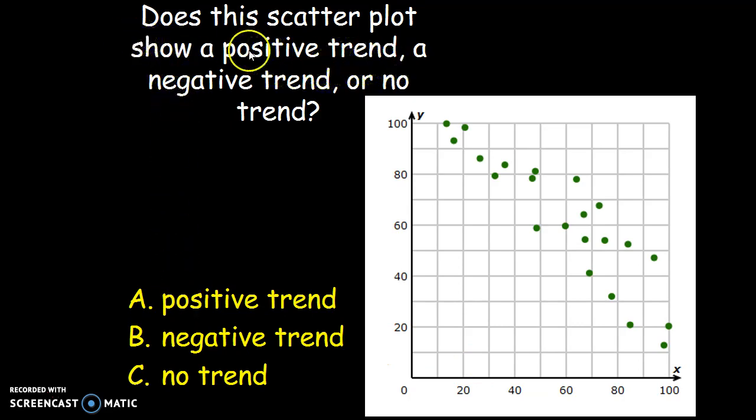These ones aren't really in context, just to give you a little bit of an idea. Does this scatter plot show a positive trend or a negative trend or no trend? So you might think of your linear graphs as a negative slope, or as one increases, the other one decreases.